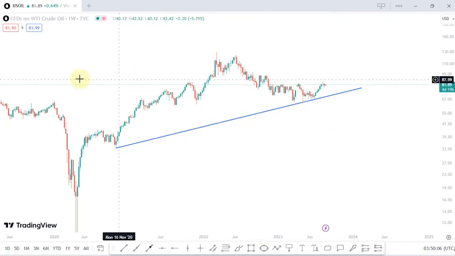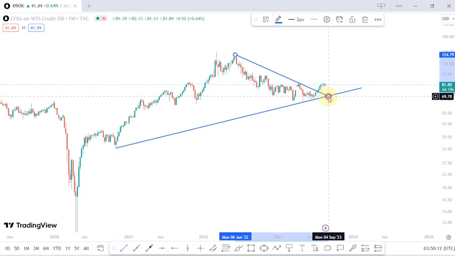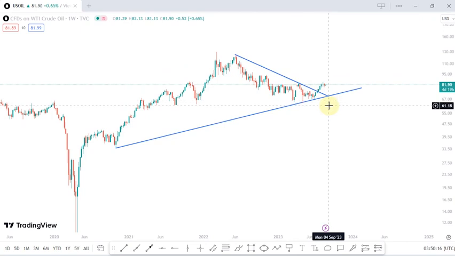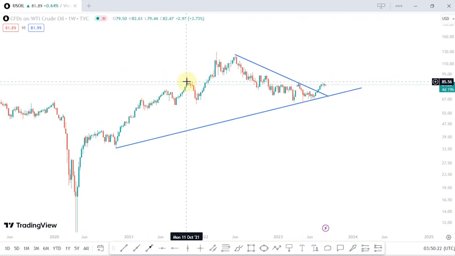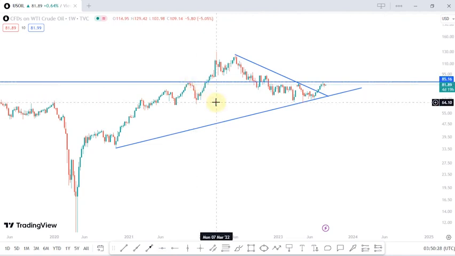And if I place another one, I'll have to go down to the next time frame. But let me see if I can plot a support and resistance level here. Okay. Then from weekly, I go down to the daily time frame.